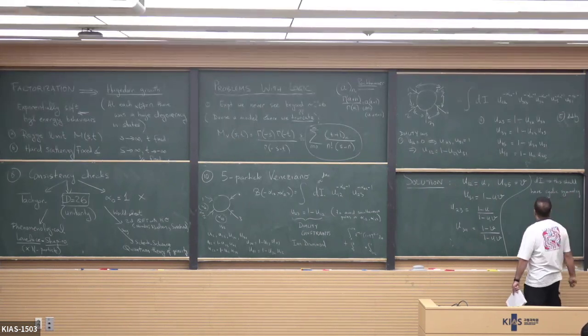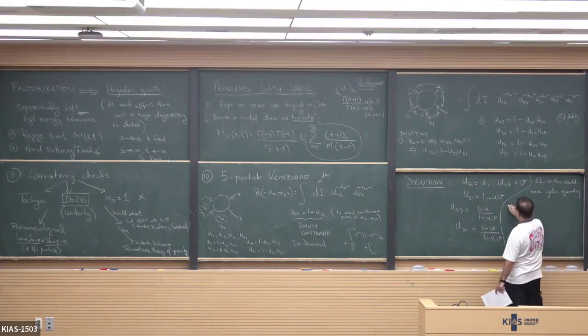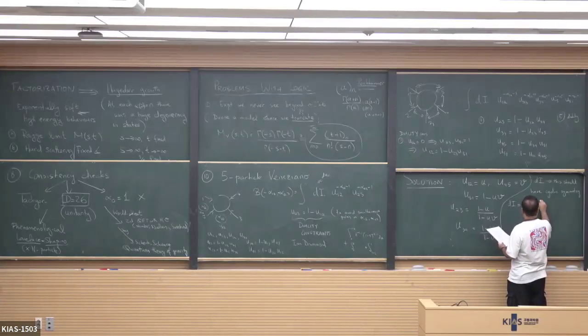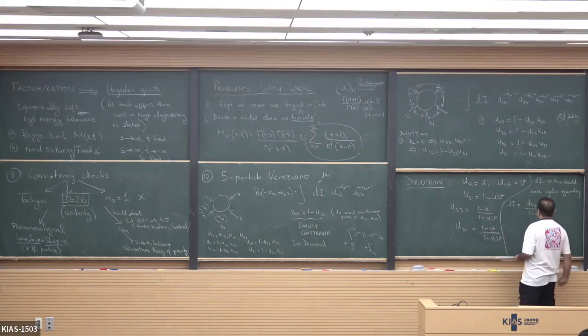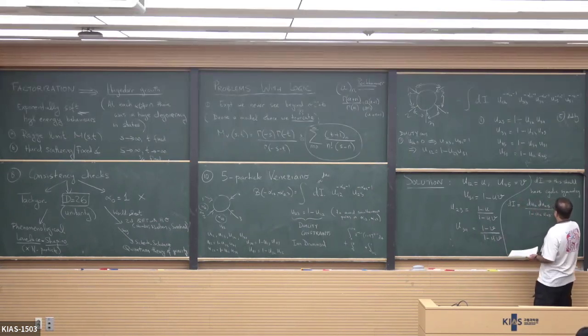This one is a little harder to guess or harder to solve, but I will claim, and you should verify easily using Mathematica, that the following choice does the job. So if you consider this as the measure factor, then this would simply become du dv divided by 1 minus uv.